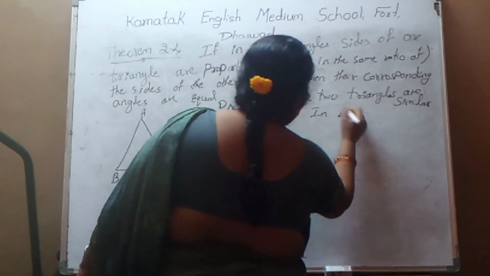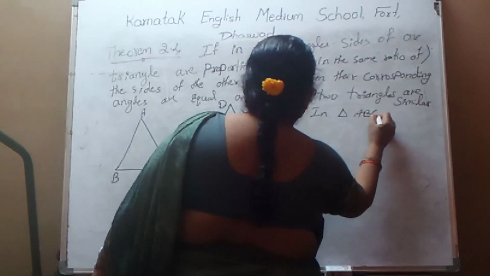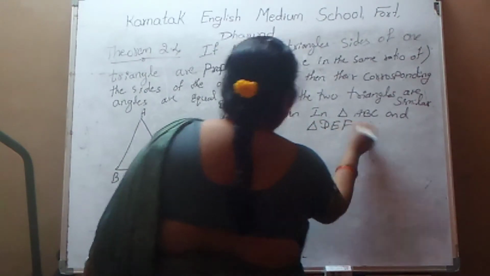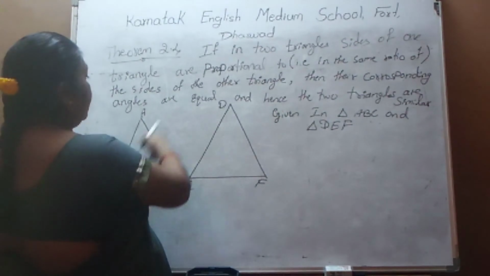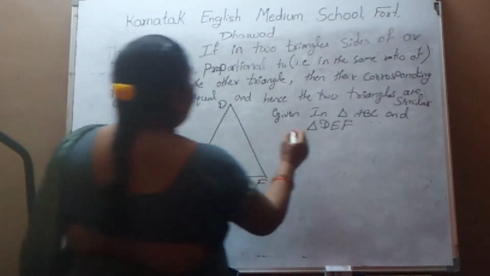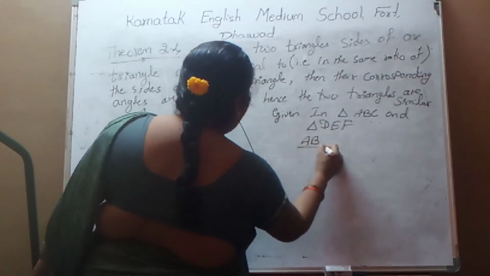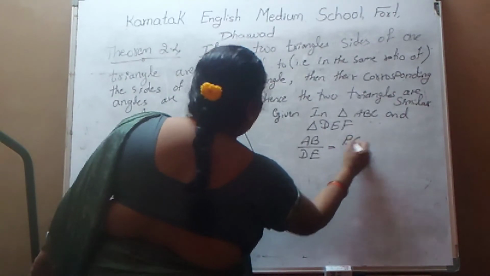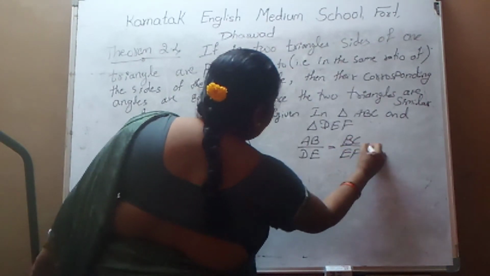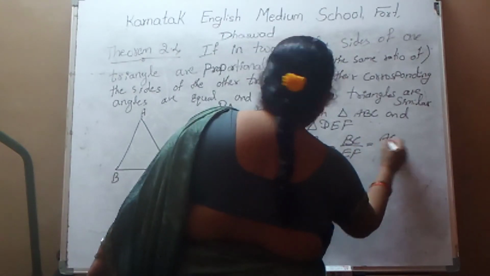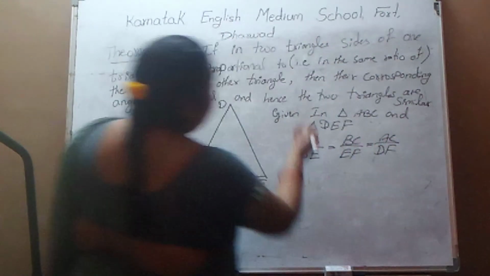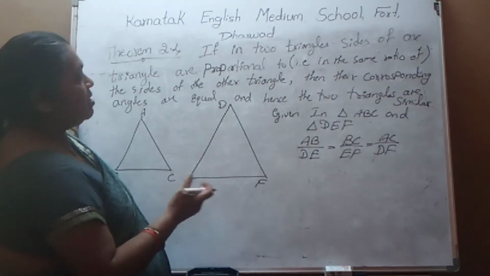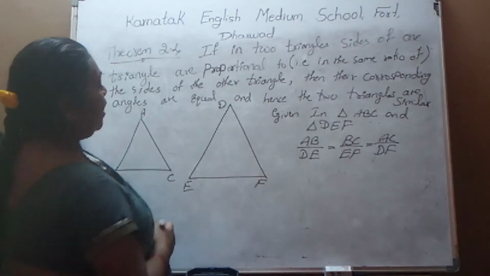In triangle ABC and DEF, they are given AB upon DE, meaning their corresponding sides are in proportion, BC upon EF is equal to AC upon DF. They are given that in two triangles, their corresponding sides are in the same proportion or the same ratio.